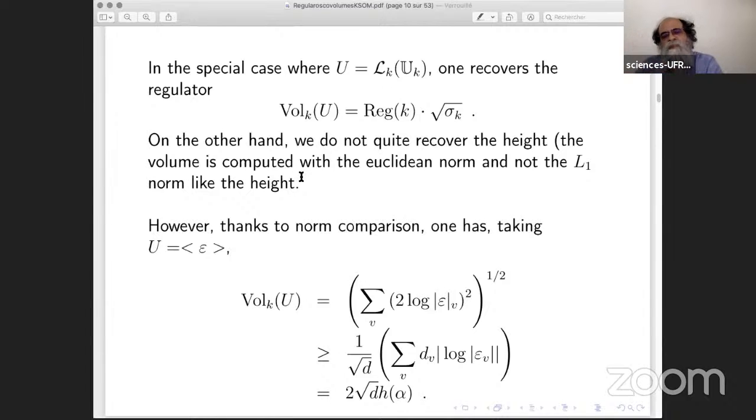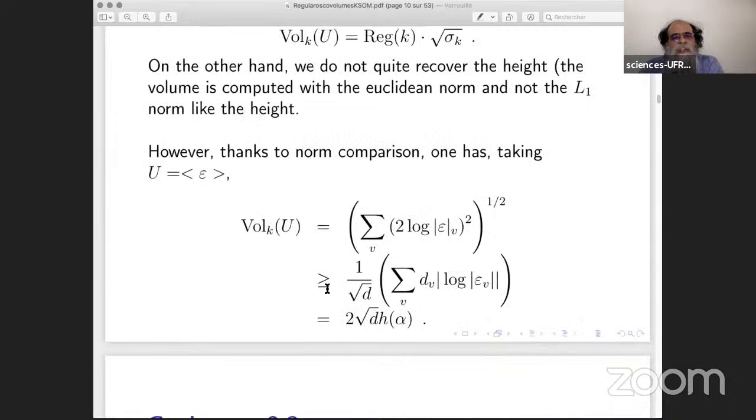Okay, so it's comparable because you can compare the L1 norm and the L2 norm. It's almost the same. And you get something which is at least root d times the height, and of course, which is less than d times the height. So, but you don't control it. It's a norm comparison factor. You have a root d that lies in between. Okay, let us continue.